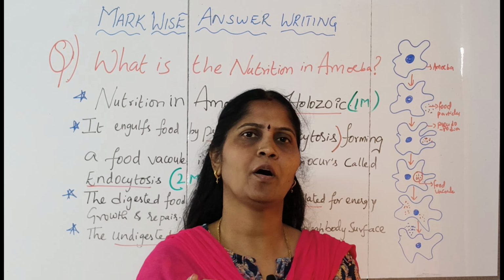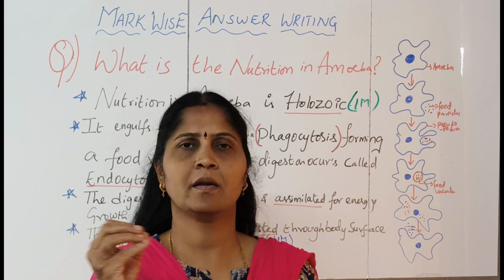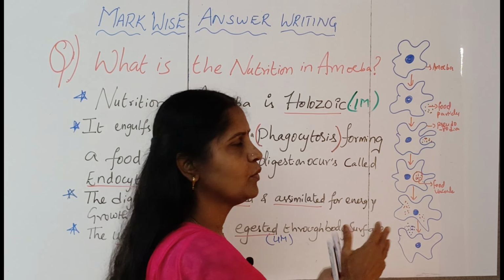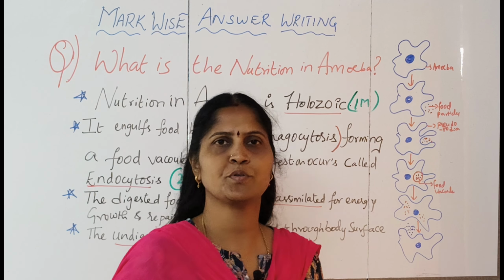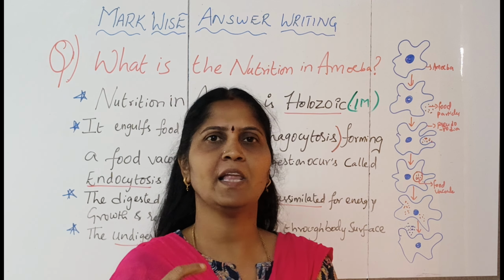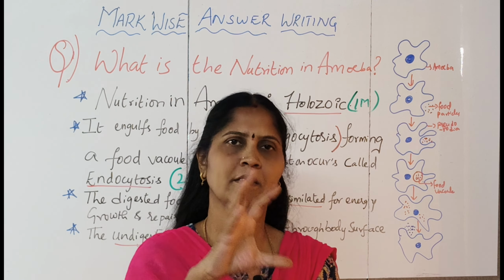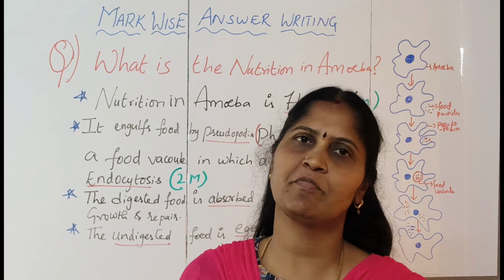You have to draw the diagram related to your question always, irrespective of whether it is asked or not. So take a good space and draw the diagram, give the label on top as nutrition in amoeba, and try to give the labeling, if at all it is present, for that particular diagram. In this way, you have to conclude it for the 4 marks or the essay answer for 5 marks.